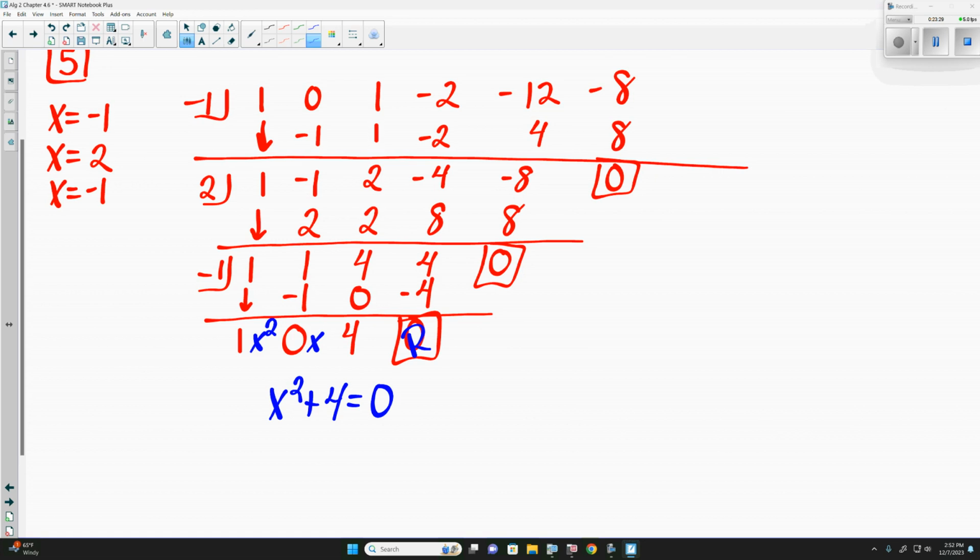Incidentally, we would have gotten it if we factored it from a cubic or if we tried -1 again.